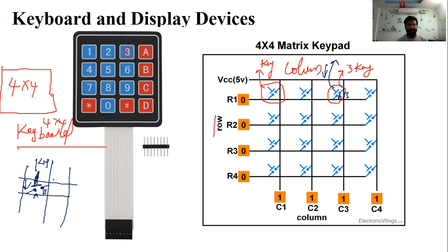Otherwise, it will not consider it. So whenever you press the key, it touches both the row and the column, and only then does the microprocessor identify which row and which column are connected. Row 1, column 3, so it considers that number as 3.